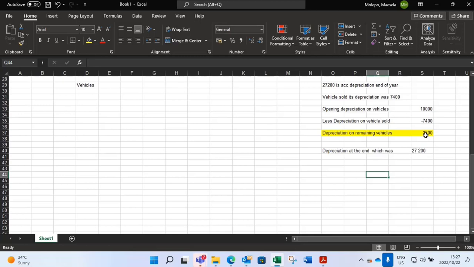I want to follow the logic. Okay. Opening depreciation 10,000 less vehicles sold, which was depreciated during the year 7.4. Then this is depreciation on the remaining vehicle. Then the total depreciation minus the remaining vehicle of 2.6.